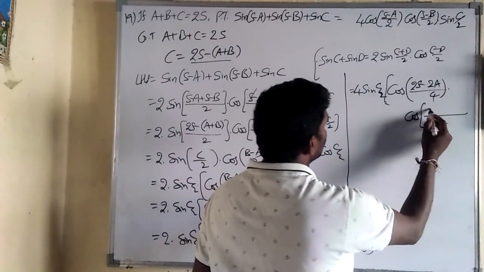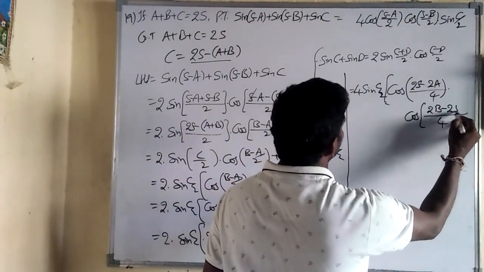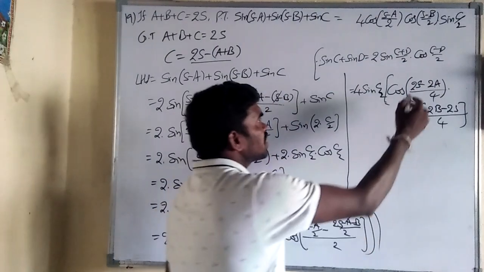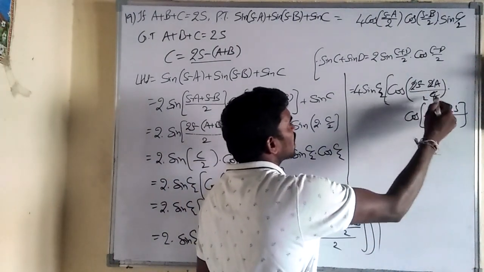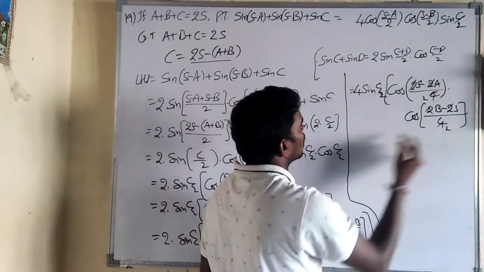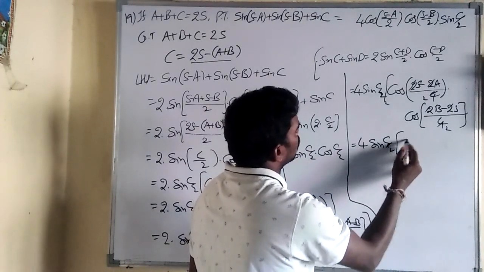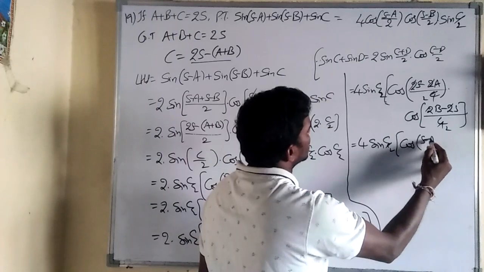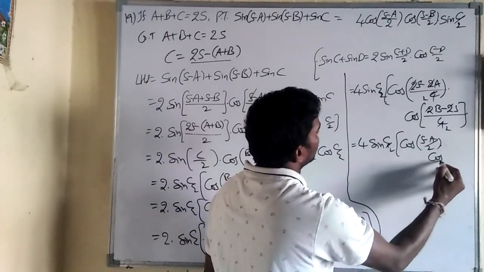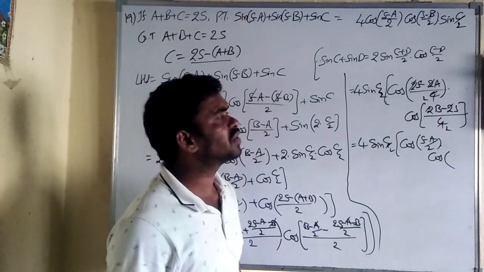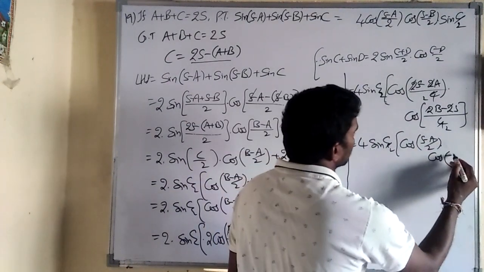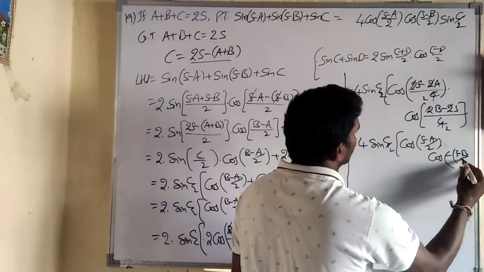So we get 2b minus 2s. Take 2 common, 2 by 4 cancels. Here also take 2 common, 2 by 4. So which is equal to 4 sin c by 2 into cos of s minus a by 2 into cos of, here b minus s by 2. Take minus common, so minus of s minus b by 2.